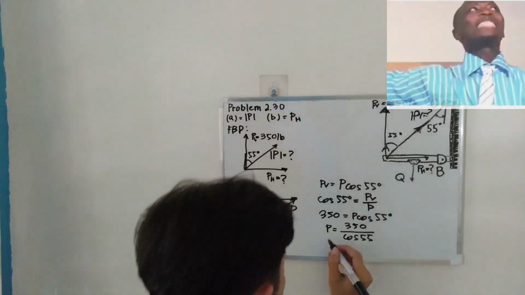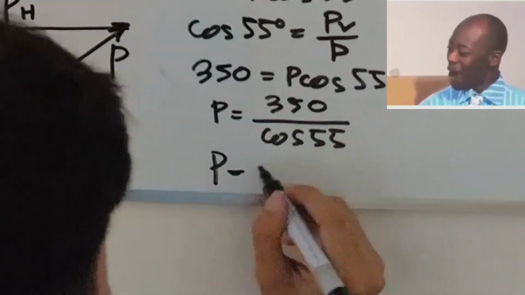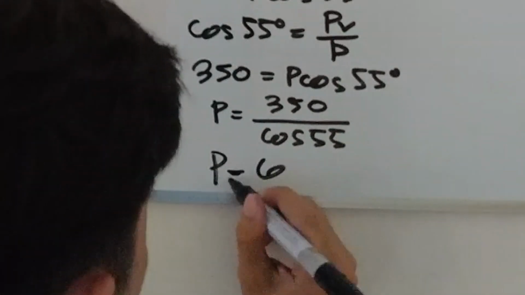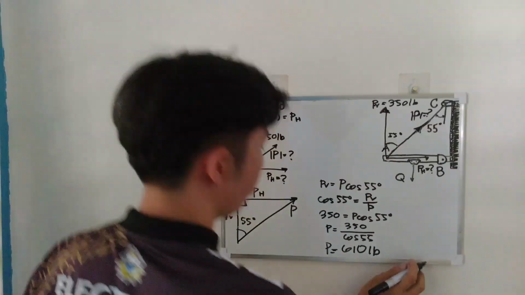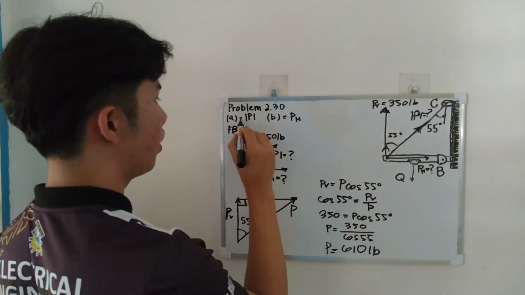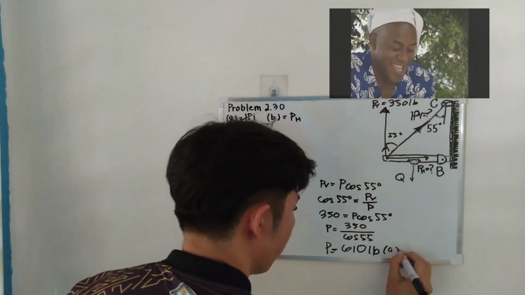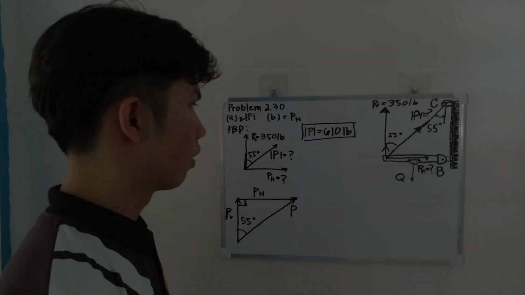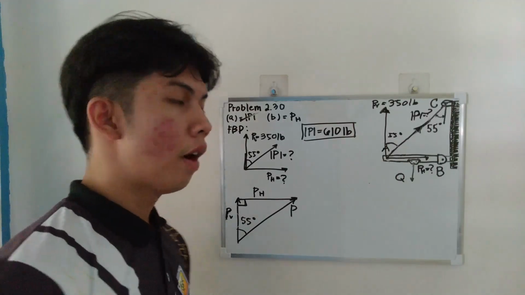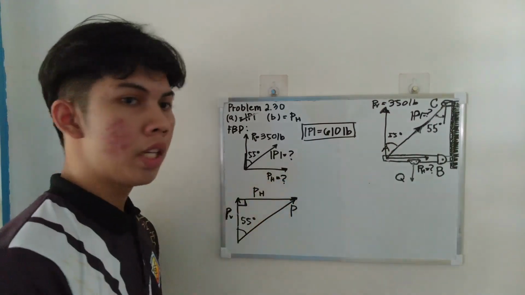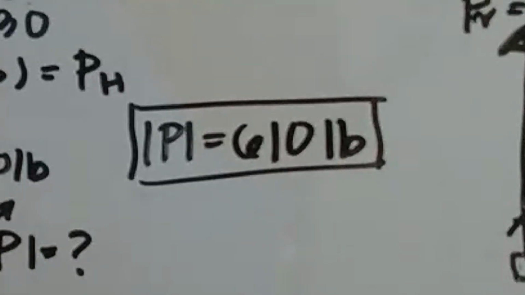Okay, so now we have the P here. The magnitude is approximately 610 pounds. So we have found the magnitude of the P, which is approximately 610 pounds.